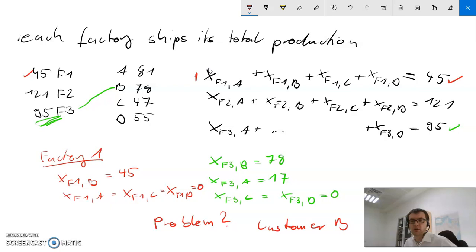So in total we have 133 units, and this is way too much. We get too many products at customer B. Therefore, these types of constraints are not enough to describe our mathematical model. We need to add additional constraints.